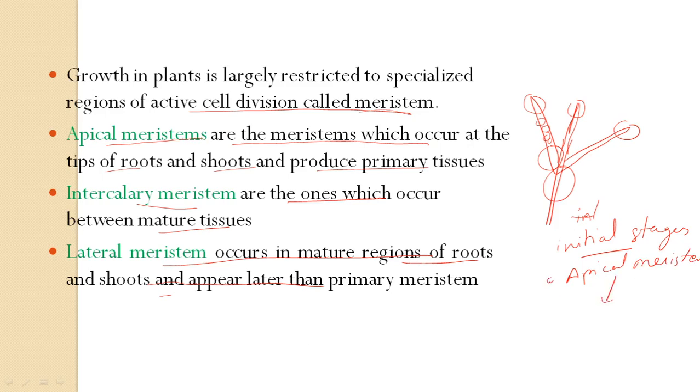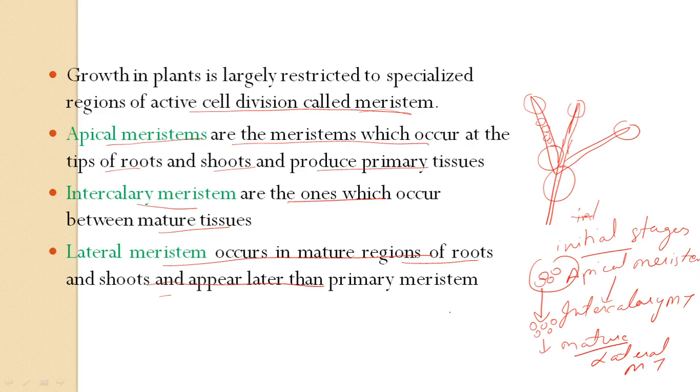Cells of the apical meristem tissue are converted into intercalary meristematic tissue, and this intercalary meristematic tissue later becomes mature and gives rise to the lateral meristematic tissue.